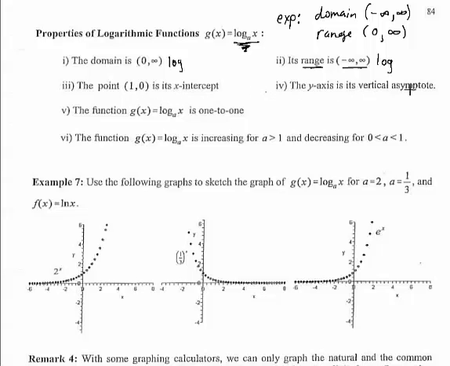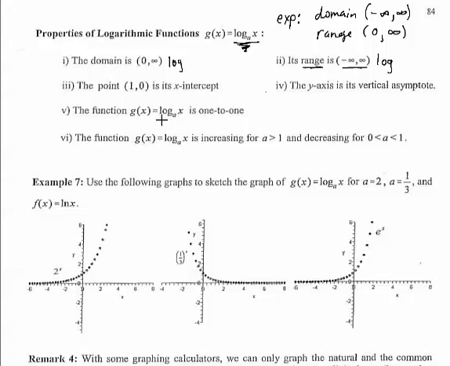Alright, 4, the y-axis. With the exponential function, you remember that we never cross the x-axis. Well, with the inverse, that gets flipped, and now the log function doesn't cross the y-axis, and so we call the y-axis a vertical asymptote for the log function.